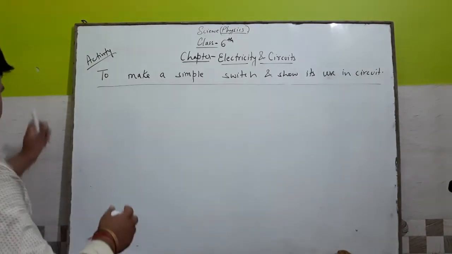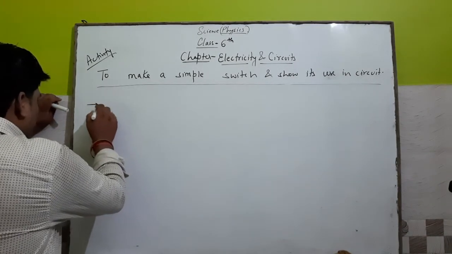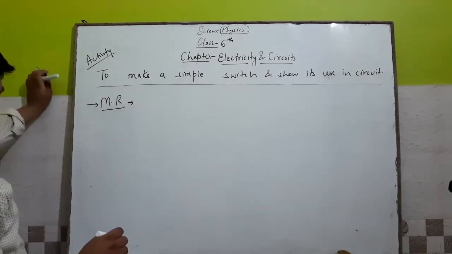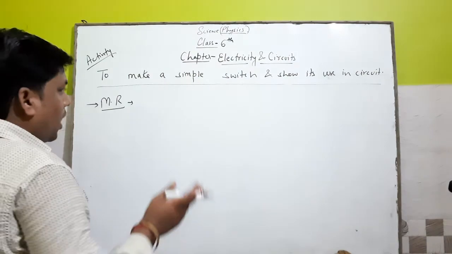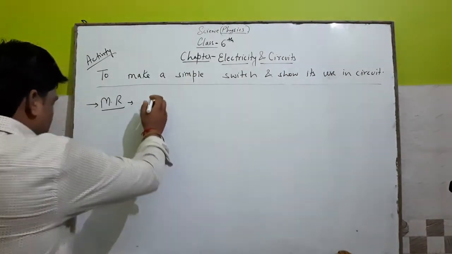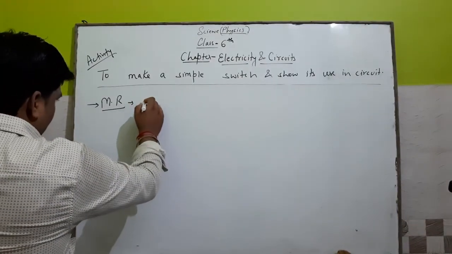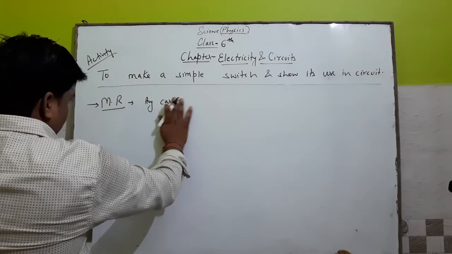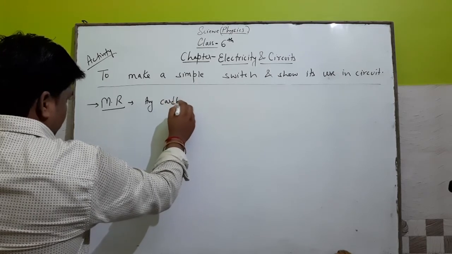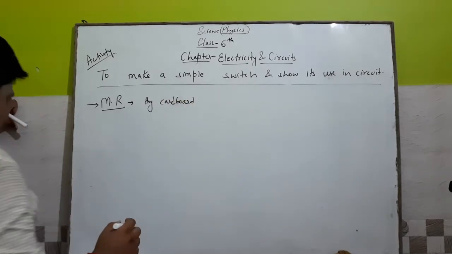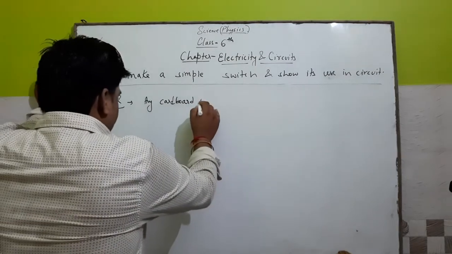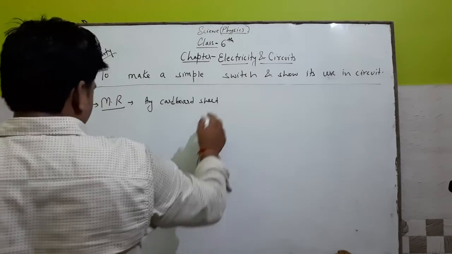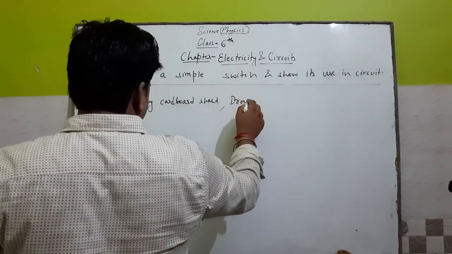First one is the material required, means the instruments and equipment which are required to do this activity. First is any cardboard sheet. Second is a drawing pen.